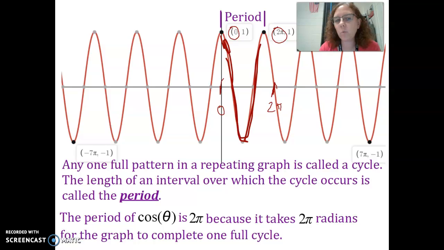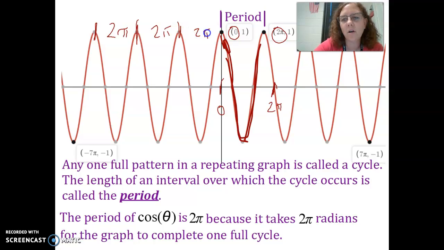It wouldn't matter which one I chose. If I went from this one to this one, that length is still 2 pi. This length is also 2 pi. This length is also 2 pi. It doesn't matter. It's the same length. That interval is the same all the way across. So my period for cosine is going to be 2 pi, just like my period for sine.